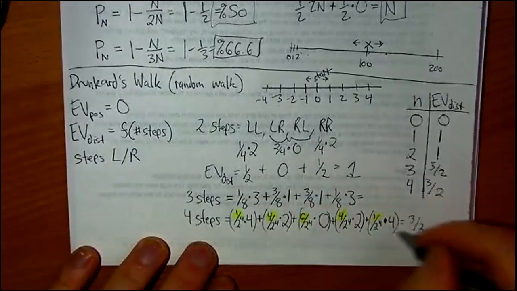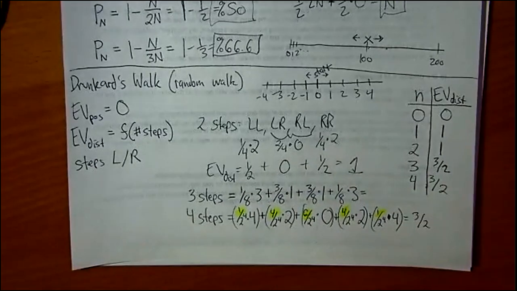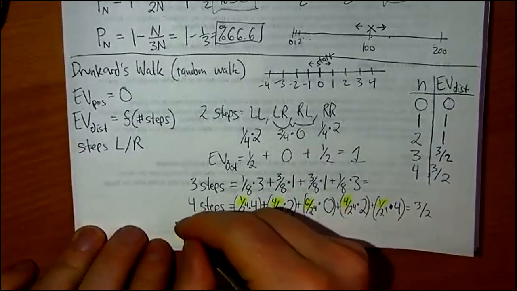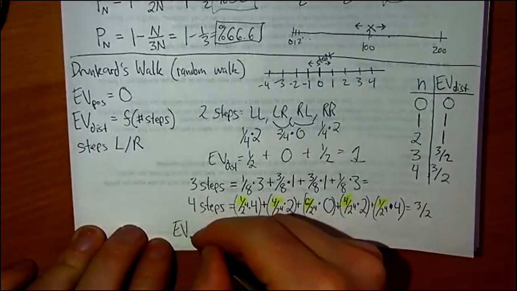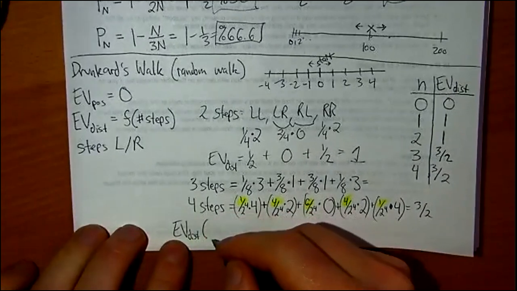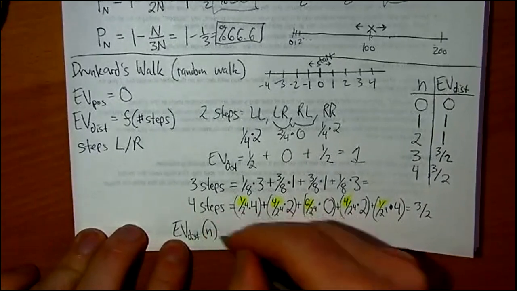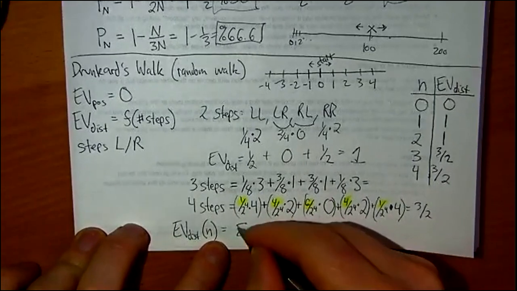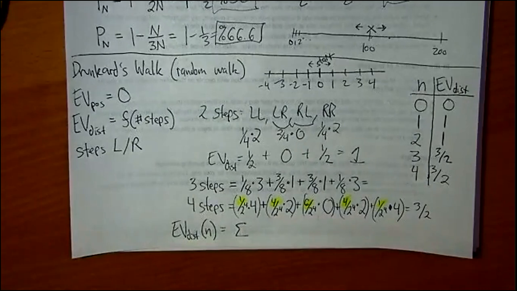So the formula is going to look like a big summation. So if I want the EV as a function of n steps, it's going to be some kind of summation, right?